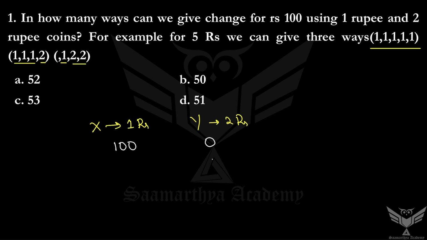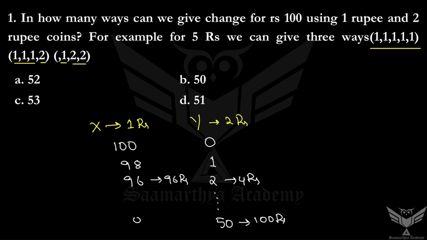Or I can take 1 2 rupee coin, 2 rupees we got, remaining 98 rupees as 98 1 rupee coins. Similarly, I can take 2 2 rupee coins, that is 4 rupees, and remaining 96 rupees from the 1 rupee coins. Now the same way this will continue till 50 coins, so that it gives me 100 rupees.